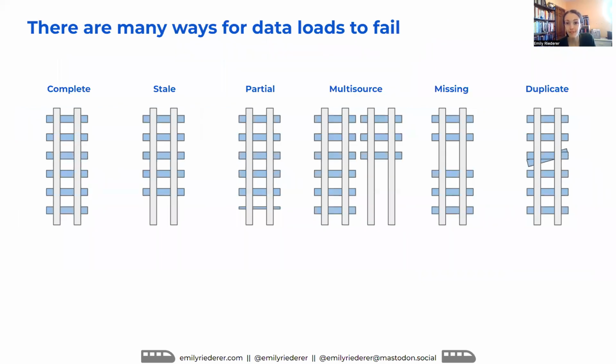To take a very trivial high-level example, we've probably all seen many different ways data can be missing and data loads can fail. Compared to a universe with very complete data, we can have stale data, where the data simply stops loading to our data set sooner than we expected. That might happen for a complete day, or somewhere in the middle of the day.